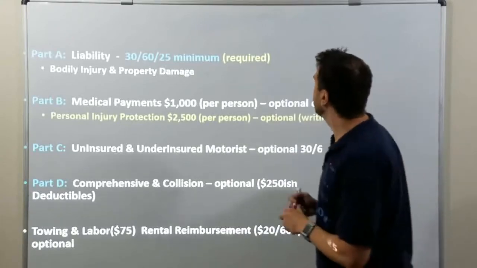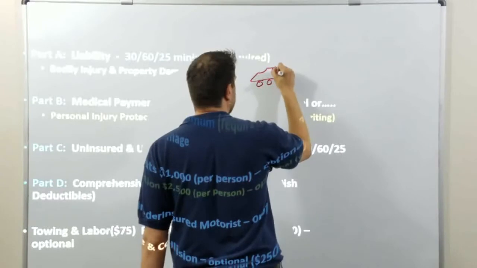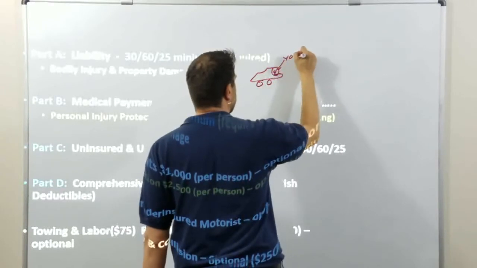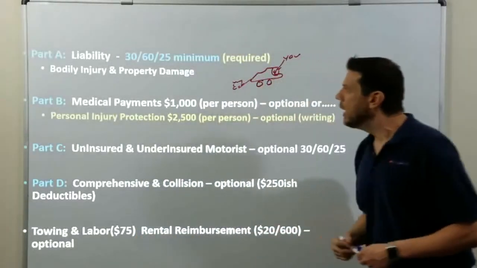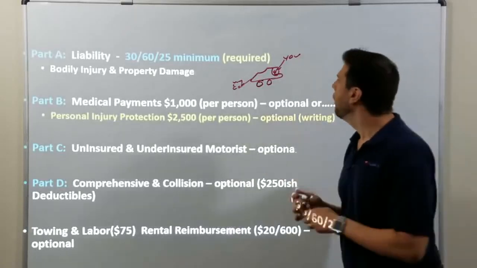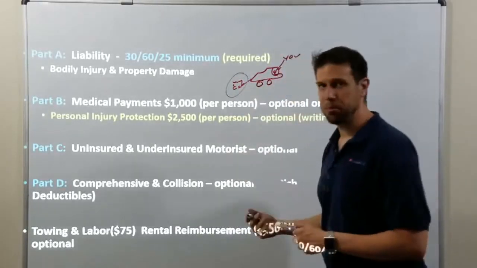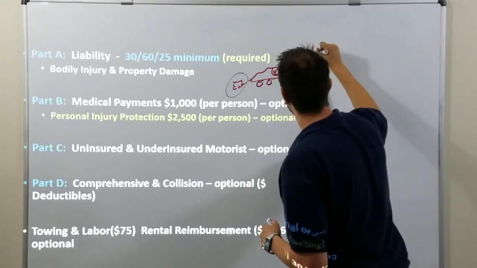Let's say you borrow my car. It's my car, but you are driving it. If you get in an accident, my car insurance is primary. Then your car insurance is secondary.